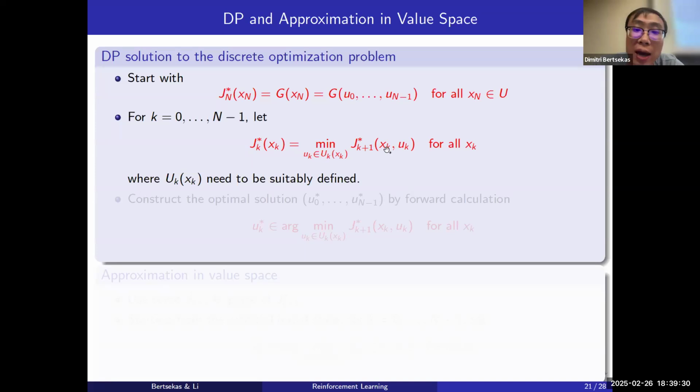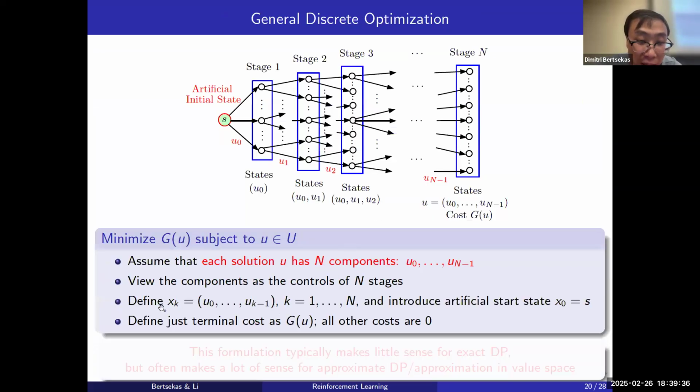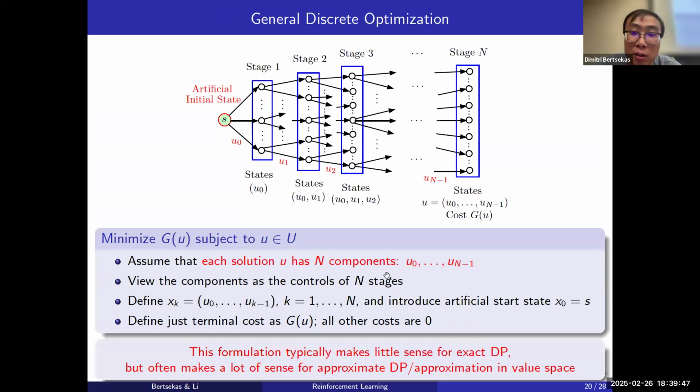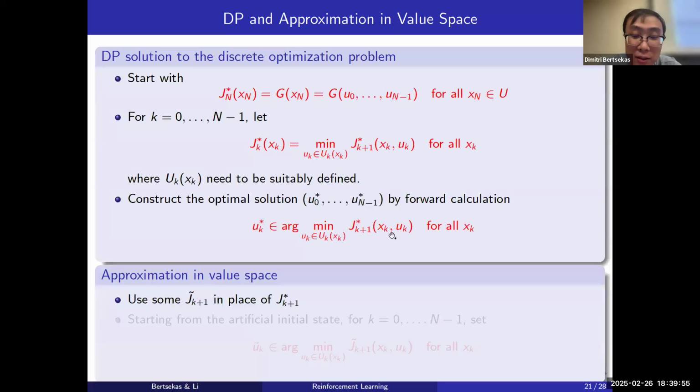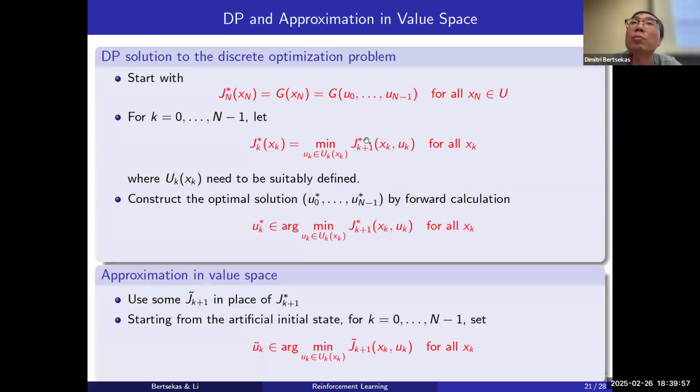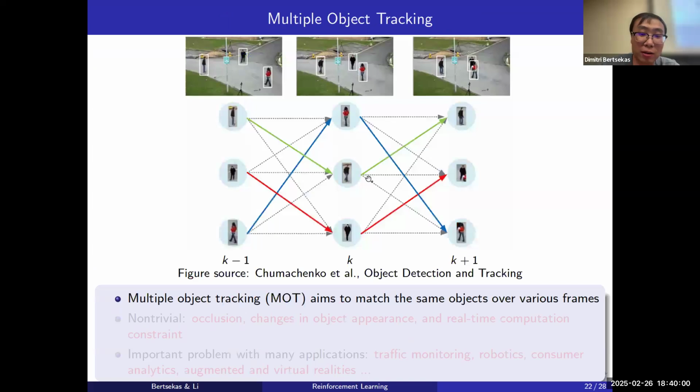And fk of xk and uk, in our case, is simply: given xk, the xk plus 1 is just appending the uk to the end. Therefore, it suffices to just write it in this way. And then here, we just approximate this.